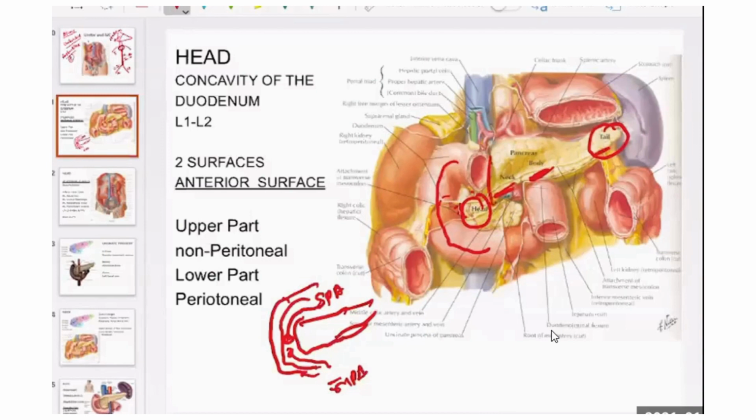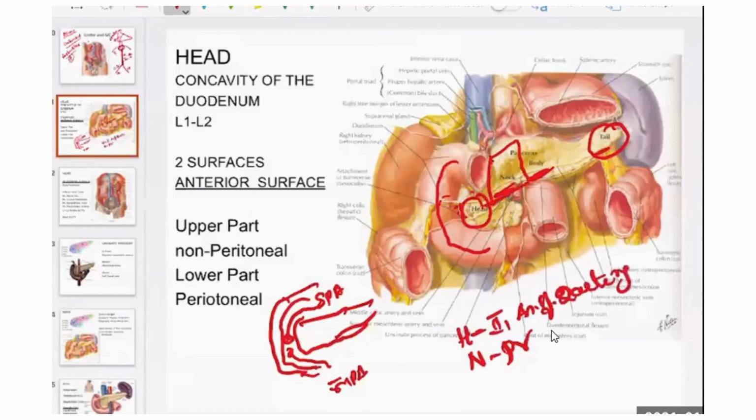We know neck is related to what? The formation of portal vein. It is present behind the neck of pancreas. So for the neck, you remember portal vein. Can you remember second part of duodenum and anastomosis of two arteries? Am I right?